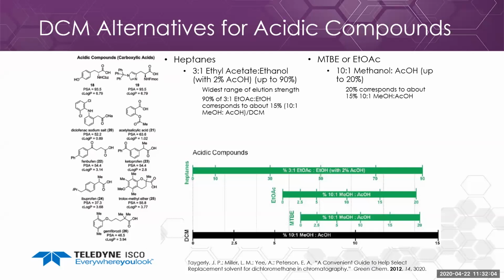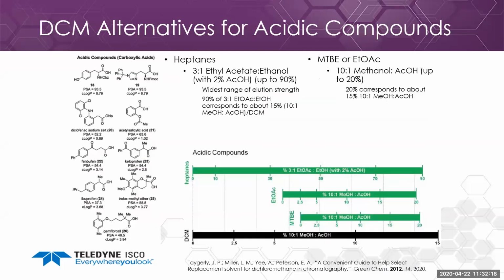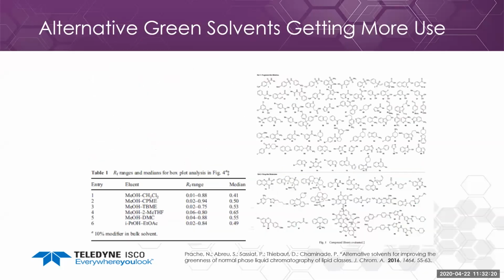Same thing, we can use ethyl acetate or MTBE also as a base solvent instead of the heptane. So we can change that base solvent, and it'll change some of our solubilities a little bit too, depending on your compound. So that would be dichloromethane alternatives.